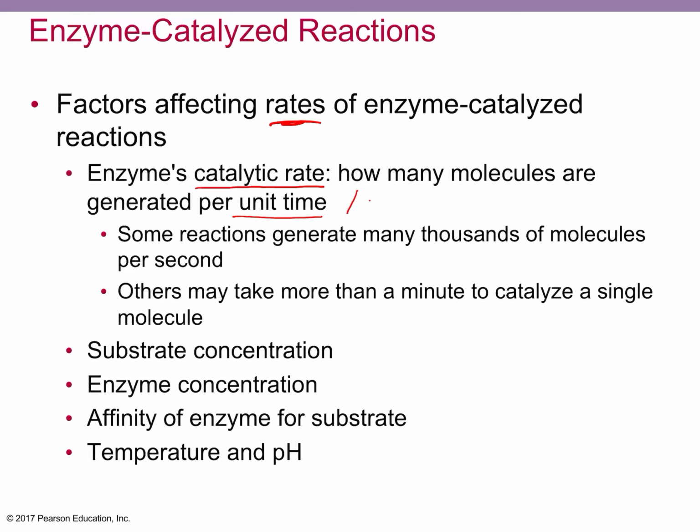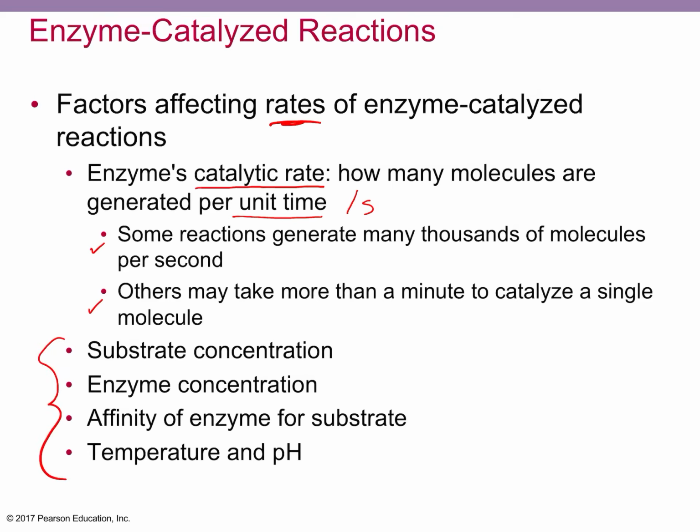This can be per second. So you're looking at the amount of product that's being put out. Some enzymes can generate thousands of molecules per second. Others may take a minute or two, more than a minute, to catalyze one molecule. So enzymes work at different rates.